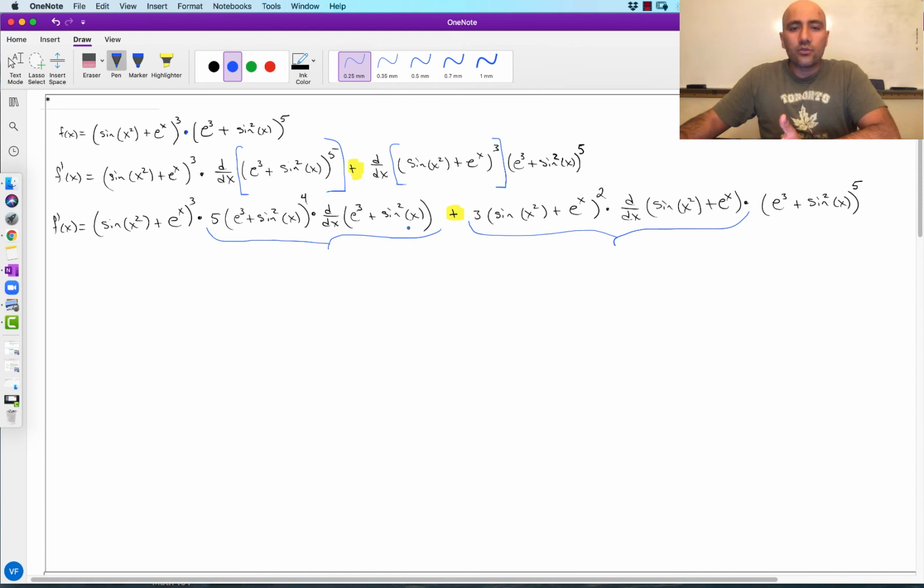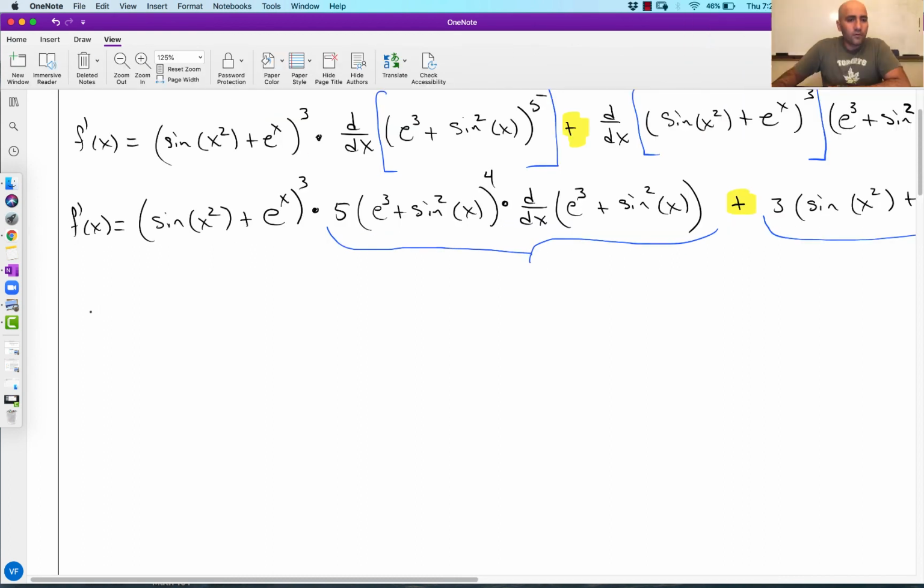So notice that these two are a little bit different. F prime of x is equal to, parentheses, sine x squared plus e to the x cubed times 5 e to the third squared x.